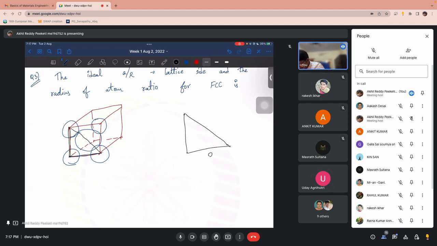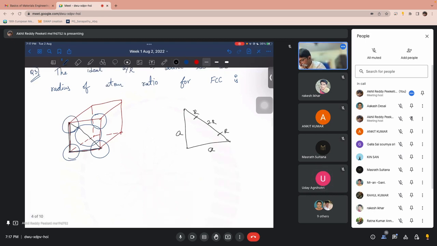Each side is A. If you are looking at the spheres, it would be R, R and 2R, so 4R. So A square plus A square should be 4R whole square. So 2A square should be 16R square, A equal to 2 root 2 R.